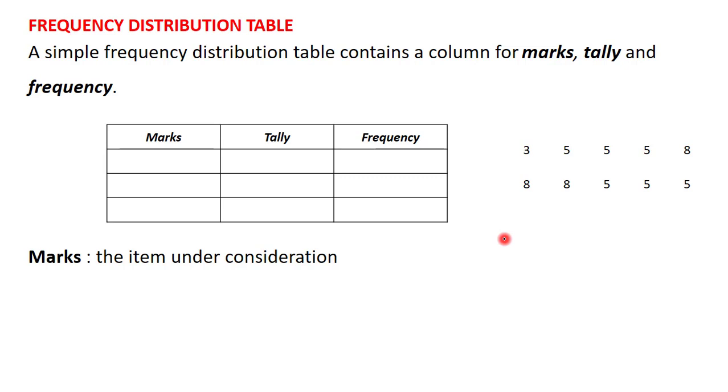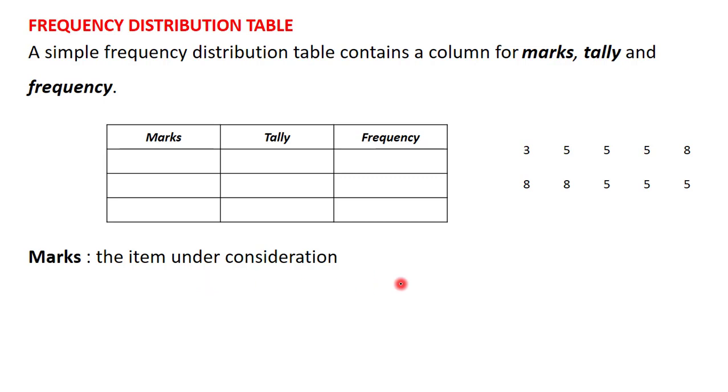If we are talking about the wages of employees in a certain company, then the mark will be the wages of the employees. Or if we are talking about the height of students in a particular class, then the mark will refer to the height of the students in the class. So the mark refers to the item under consideration.